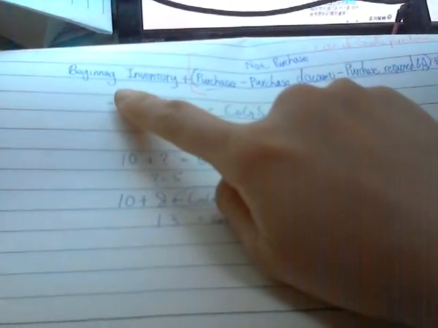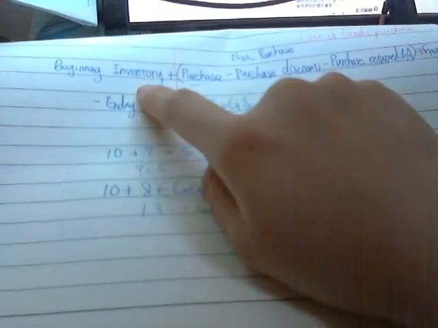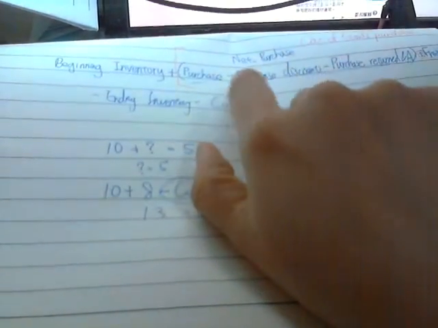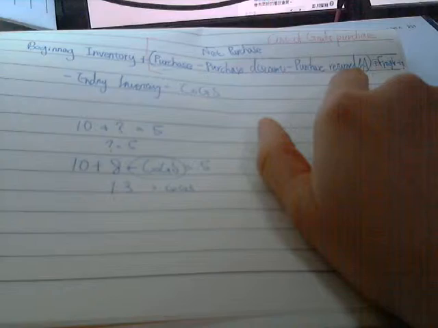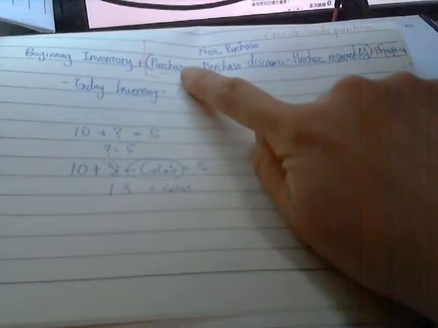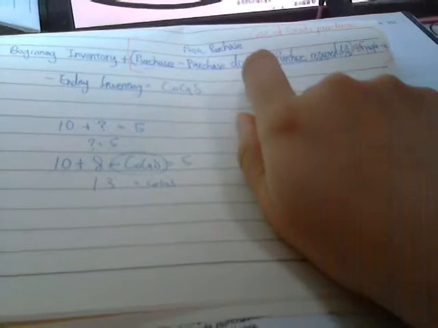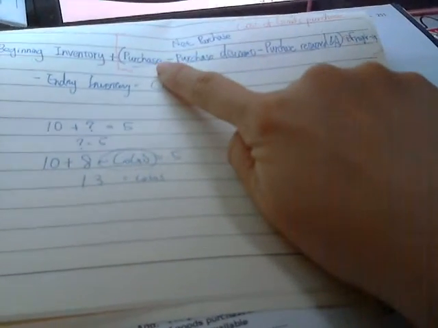We need to start from the beginning inventory. Then we need to find the net purchase, which is purchase minus purchase discount minus purchase returns and allowances. Actually, you just change the purchase to sales revenue, then you get the same as net sales. So it's very easy to remember. Try to remember it.